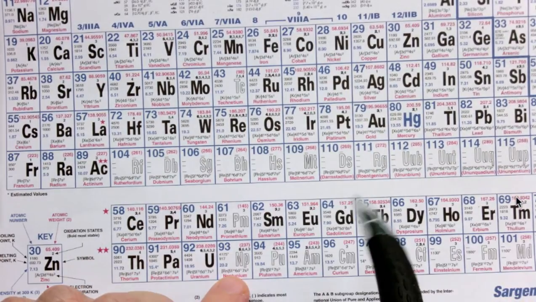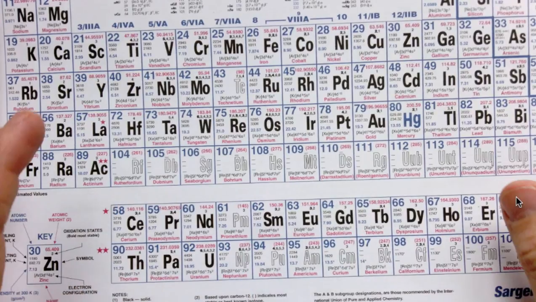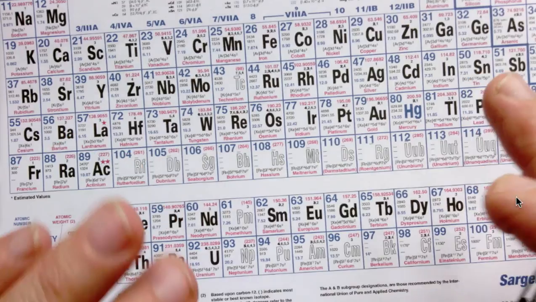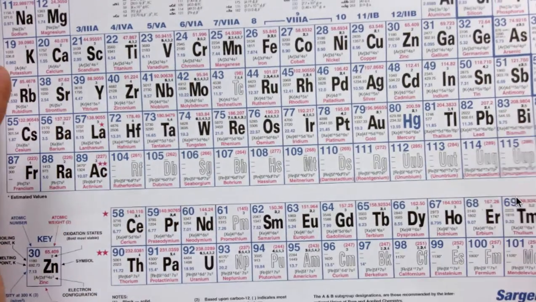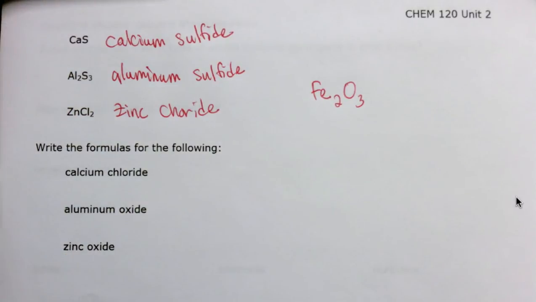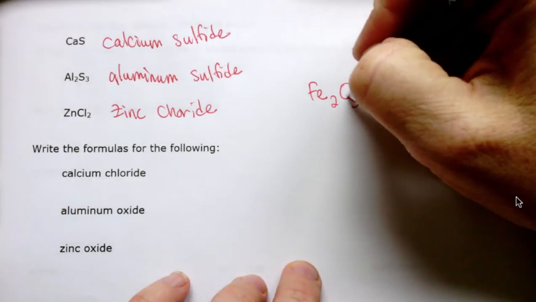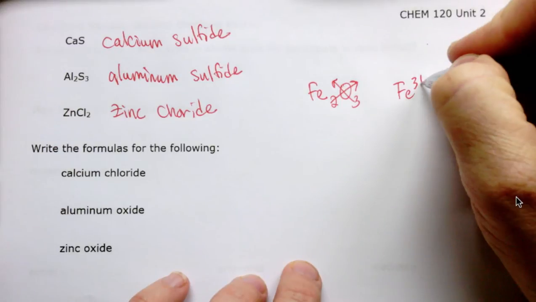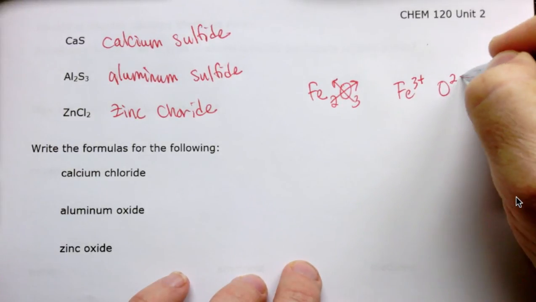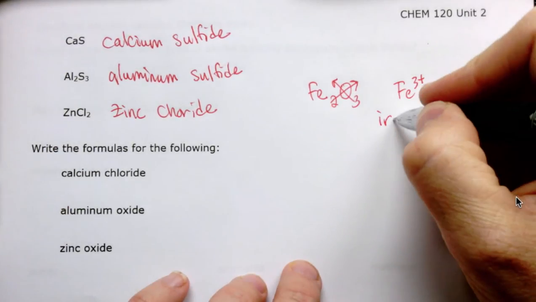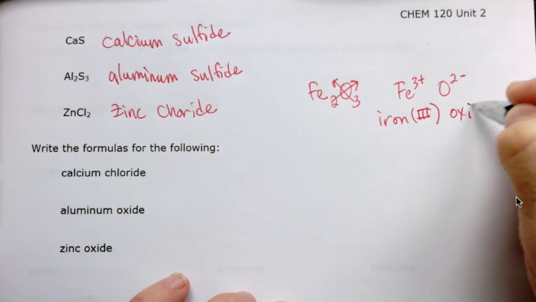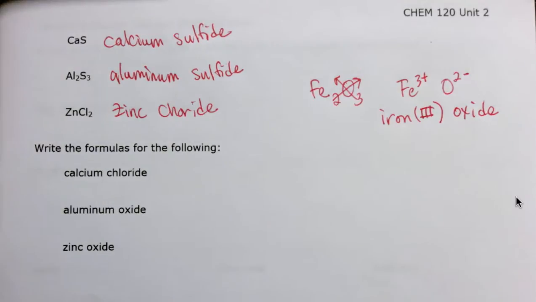Those are the potential charges it could have. You can look at this periodic table to verify that the charge you get on the transition metal is indeed correct, or you can also do the cross and raise. So cross it and raise it, so that makes this iron 3 oxide. So that's how you would name a transition metal.